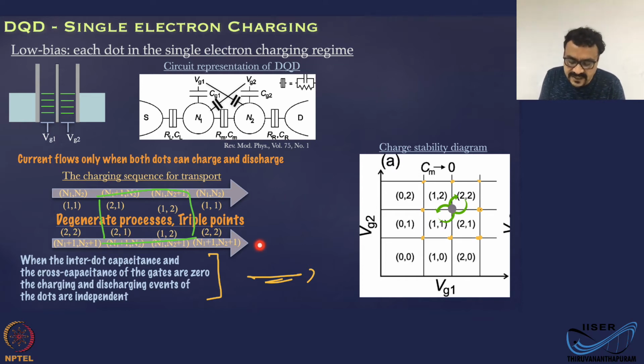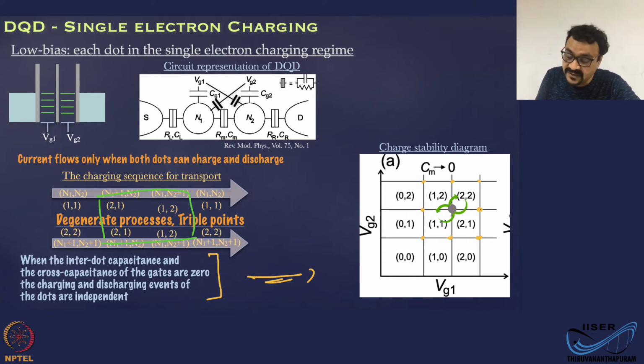In this specific case, you are starting from here and you are going 2, 1, 1, 2, and back to 2, 2. So you can see that in this specific case, 1, 2 and 2, 1 charge states, and the voltage at which these two charge states overlap is one particular voltage, VG1 and VG2.